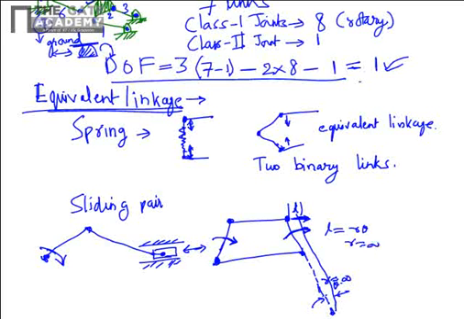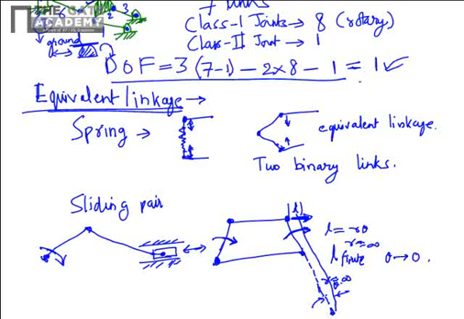So if r is infinity, for a finite L, you need to have theta tending to 0. So it's almost like a translational motion. There is no angular movement involved.